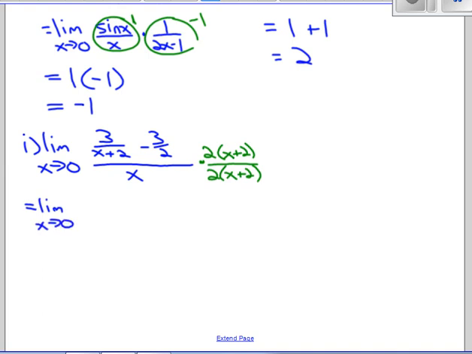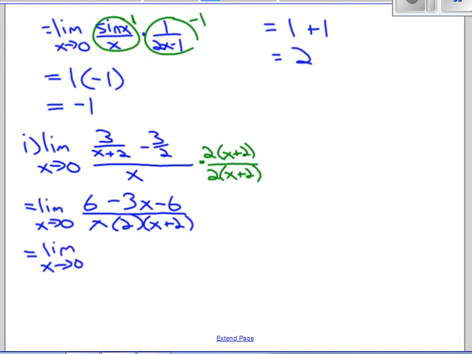By 2 by x plus 2, so that's 3 times 2 is 6, minus 3 by x plus 2, so that's going to be negative 3x minus 6, all over x by 2 by x plus 2. Which gives us the limit as x goes to 0 of negative 3x over x by 2 by x plus 2.